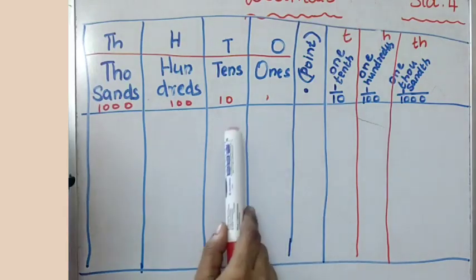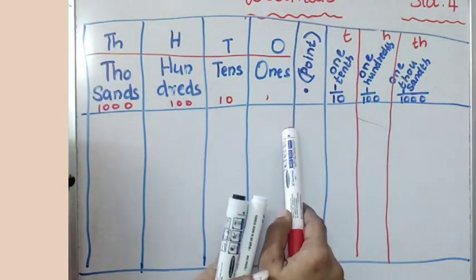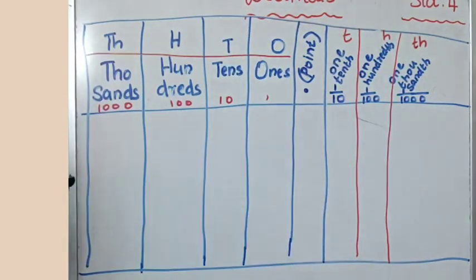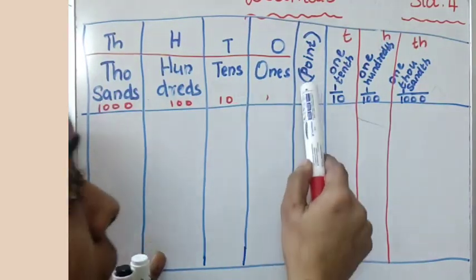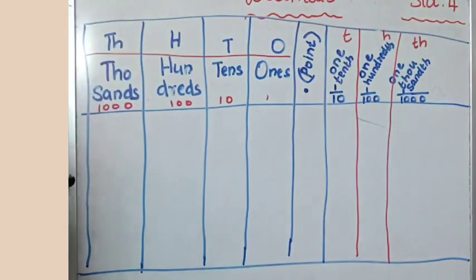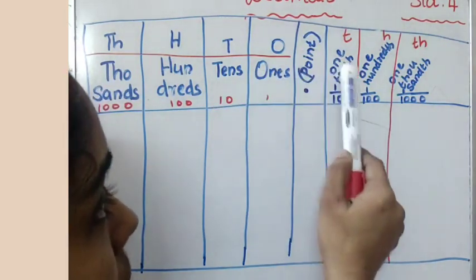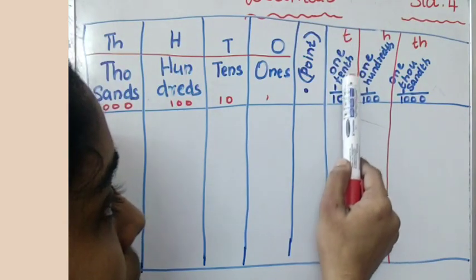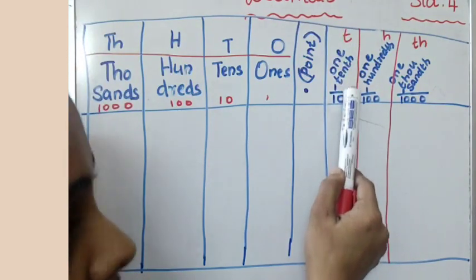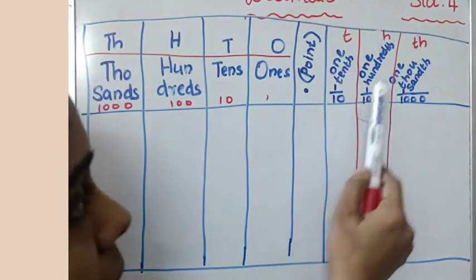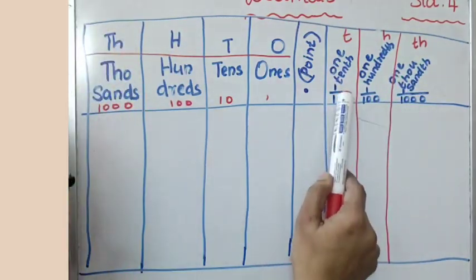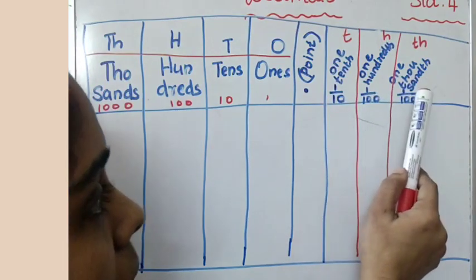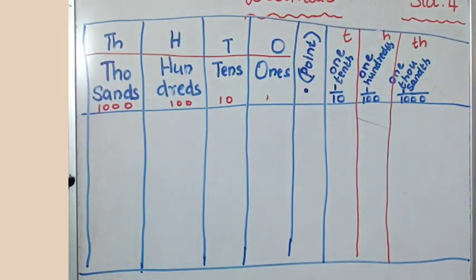Look here, after the ones place for a decimal number comes the decimal point. Then start the tenths place, hundredths place, thousandths place. That means 1 by 10, 1 by 100, 1 by 1000.